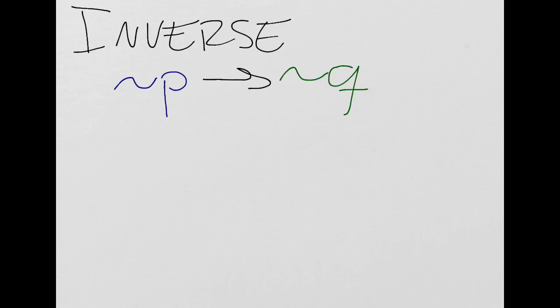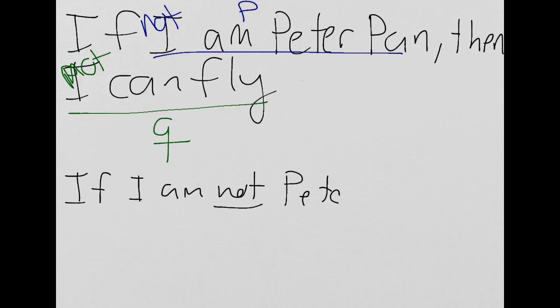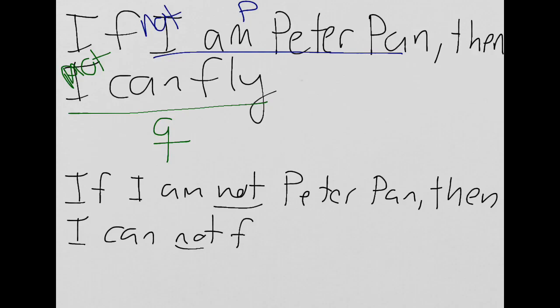Let's take a look at our example from before. So if I am Peter Pan, then I can fly. So my P is I am Peter Pan, and my Q is I can fly. So all I'm going to do to write the inverse of this is I'm going to add in not to my P and my Q. And so then I will rewrite that as if I am not Peter Pan, then I can not fly.